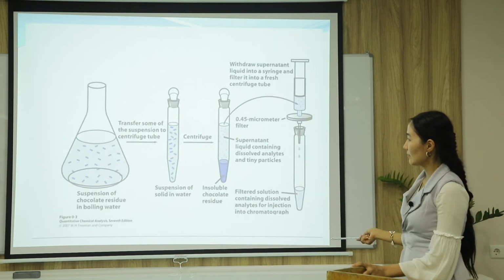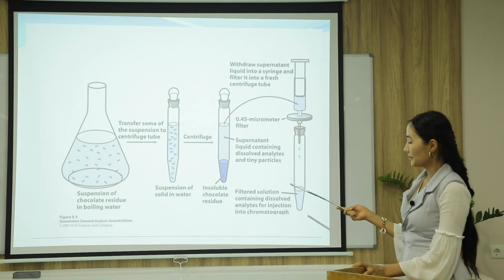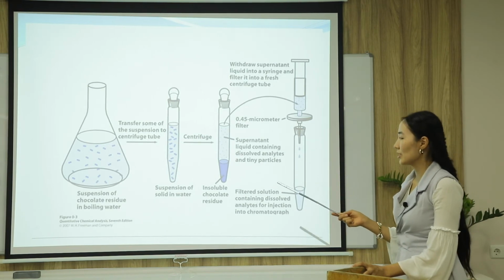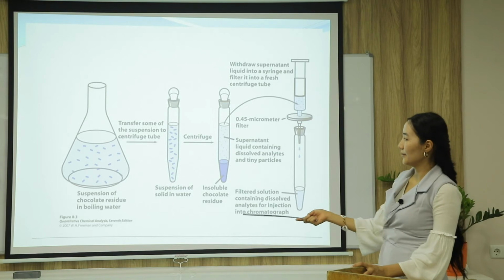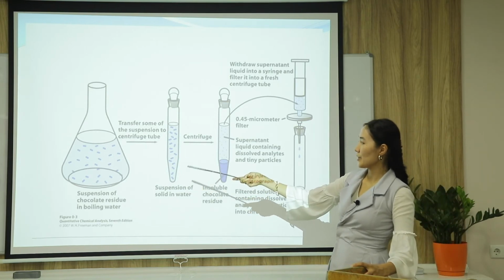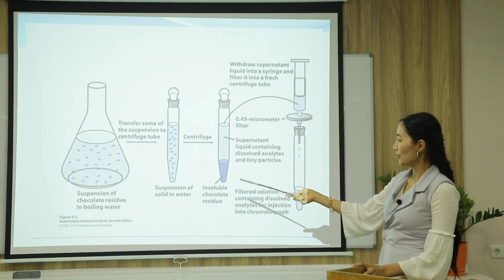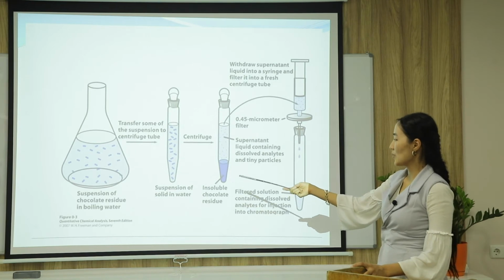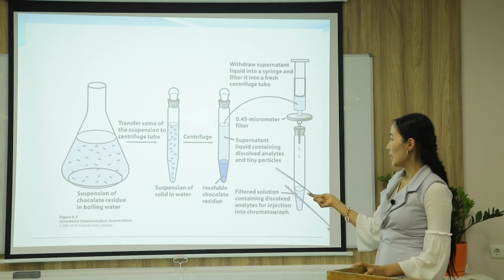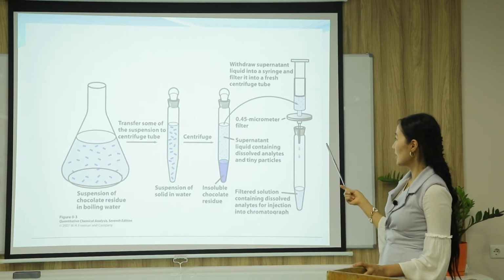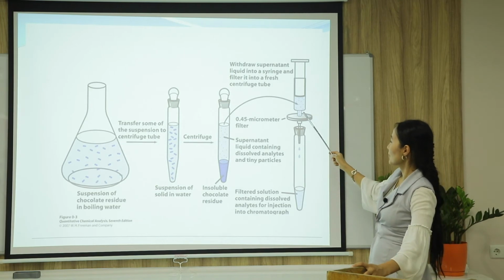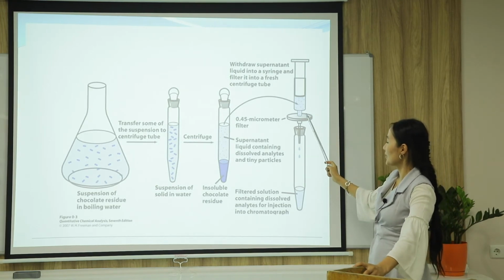Next slide please. Here you can see the suspension of chocolate residue in boiling water, before transferring it to the centrifuge tube. After that we have the suspension of solid in water, centrifuged, and taken through 0.45 micrometer filters.